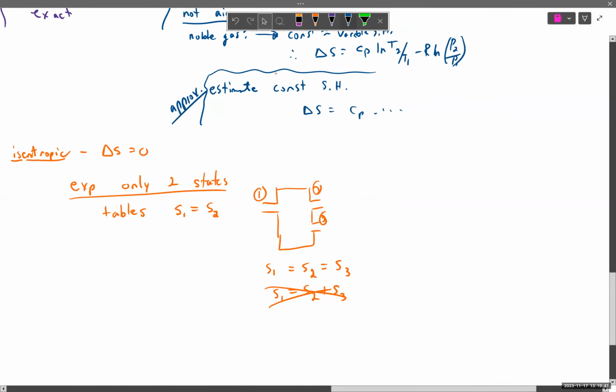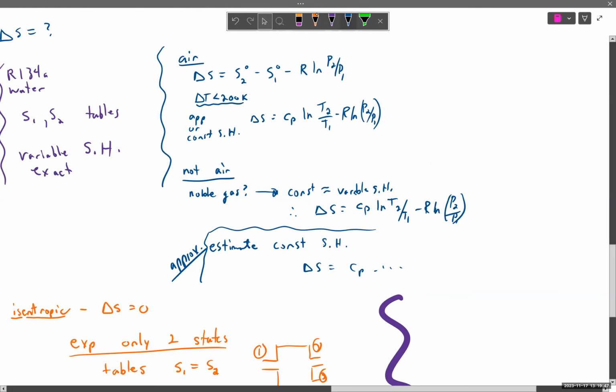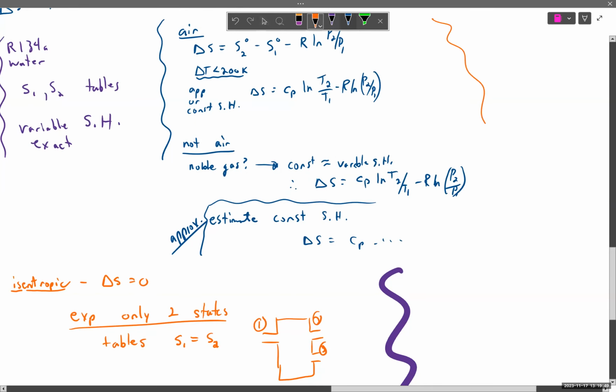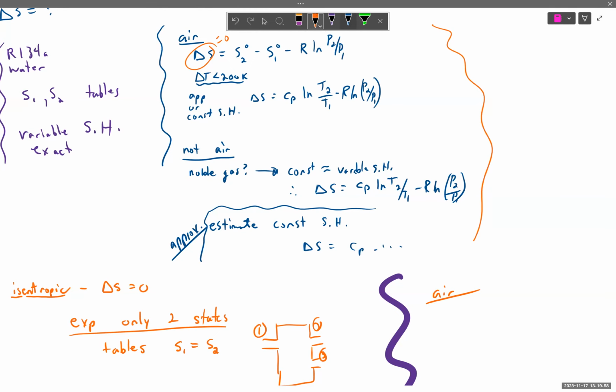If you didn't have the tables, what we did was we just took these formulas and we set the left side equal to 0. So if you're dealing with air, you ended up with a form that we manipulated, basically.